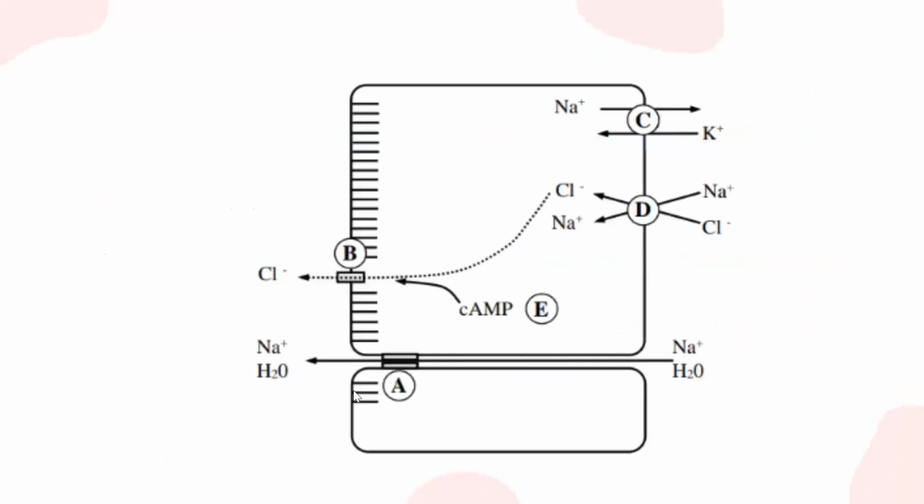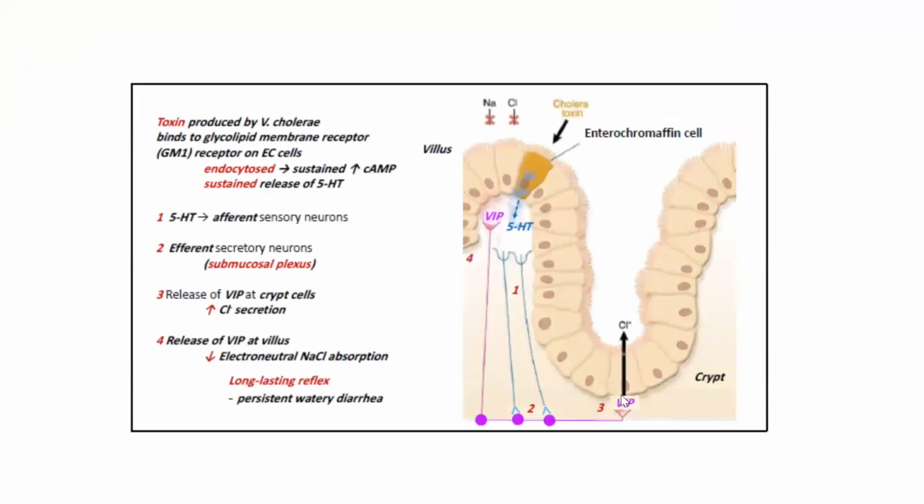So, this is A, we have B, C, D, E. Which of these do you think is upregulated by the cholera toxin? Does upregulate mean it stimulates even more? Exactly, yeah. Cyclic AMP. Perfect, E, absolutely.